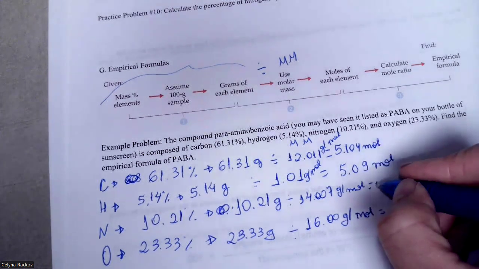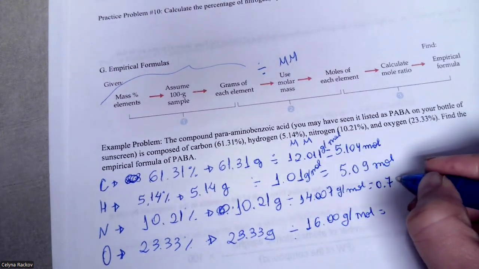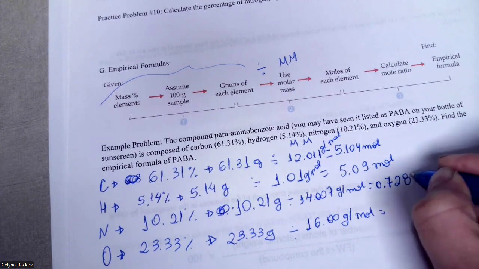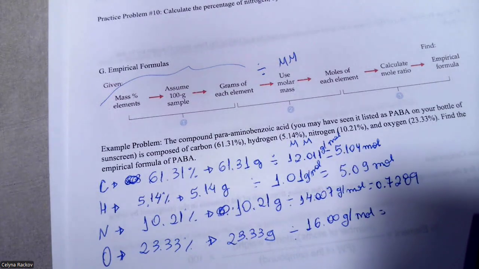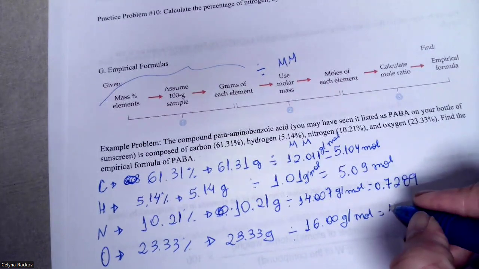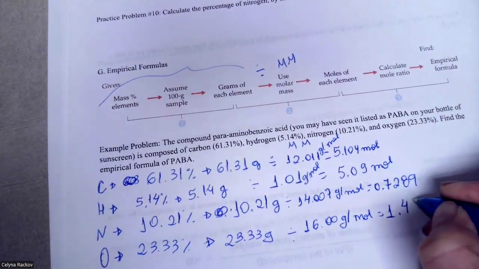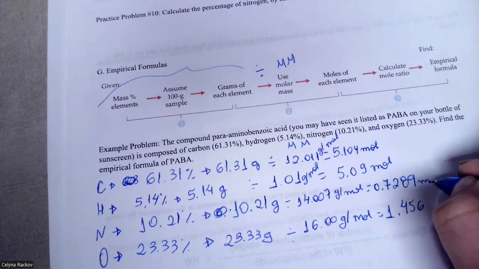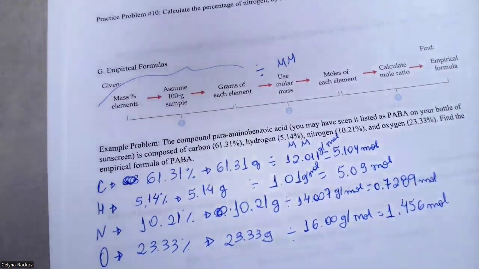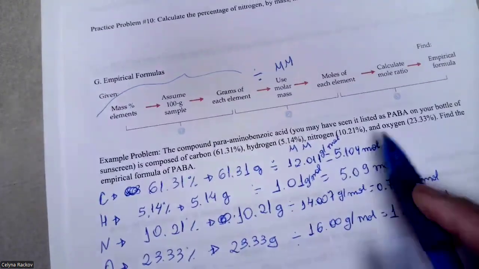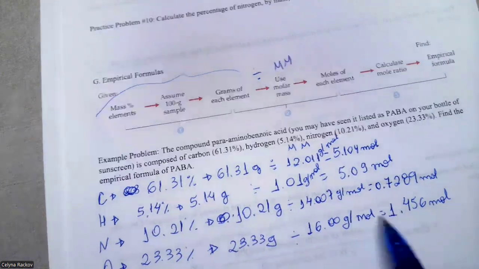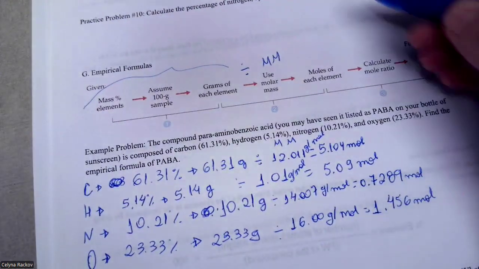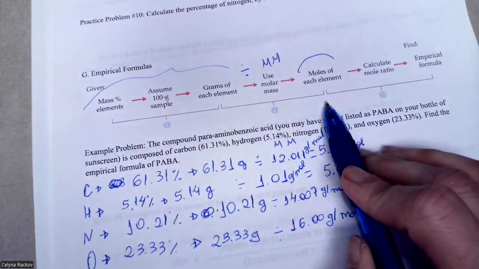We have 0.7289. And then oxygen, let's divide 23.33 by 16. So you have here moles of carbon, moles of hydrogen, moles of nitrogen, and moles of oxygen. So you have the moles of each element.